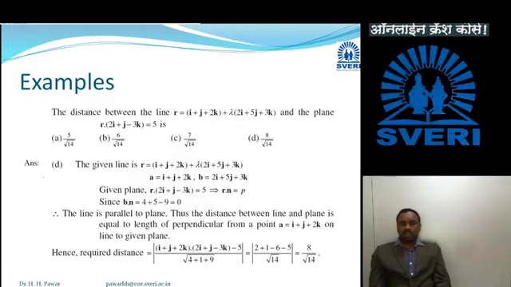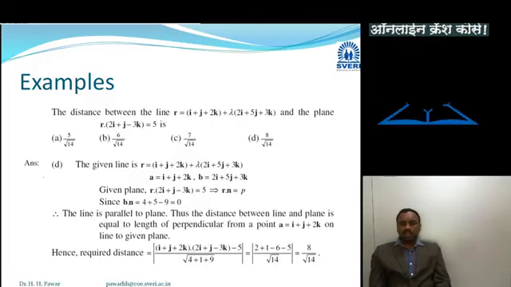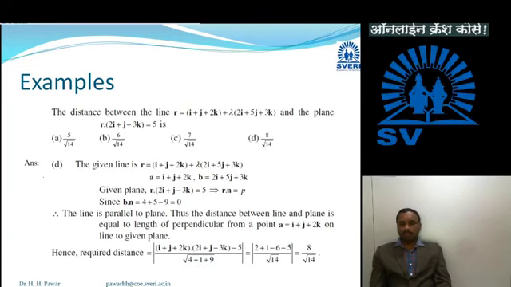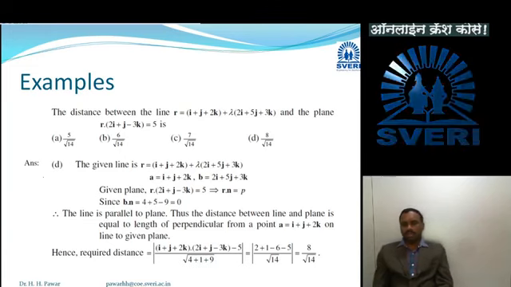By putting the values, i plus j plus 2k dot 2i plus j minus 3k, minus 5, divided by square root of 4 plus 1 plus 9, that is modulus of n bar in this case. So after solving we'll get it is equal to 8 upon root 14, that is option D is the correct choice for this question.